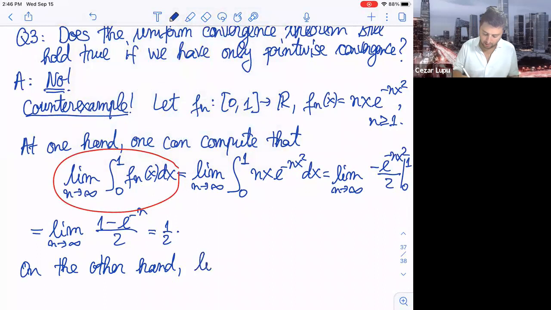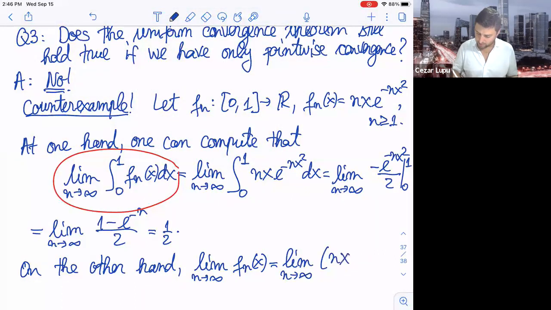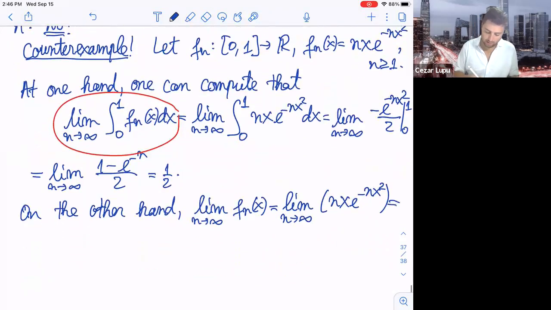On the other hand, if we take the limit as n approaches infinity of f_n of x, which is nothing else than the limit of nx e to the negative nx squared, this would be 0, right? It's actually pretty obvious. That's 0 for all x in [0, 1].